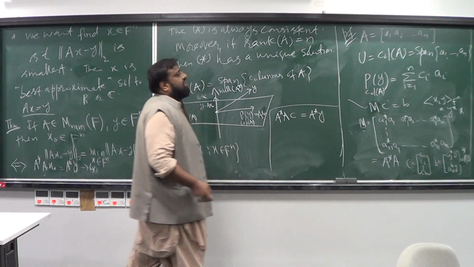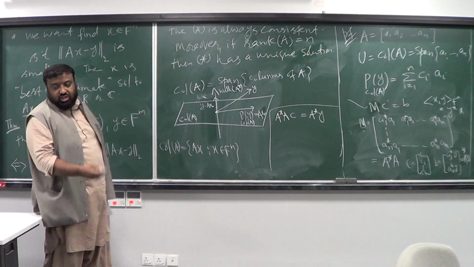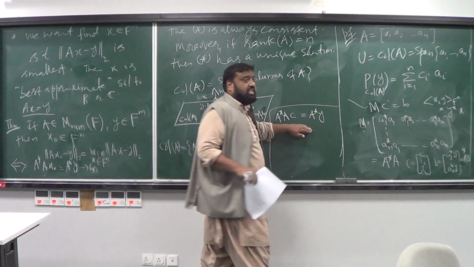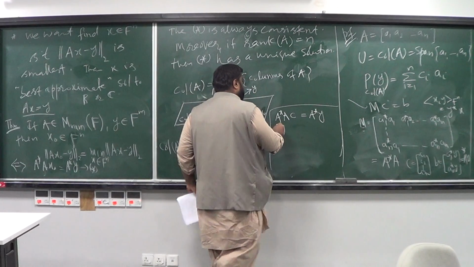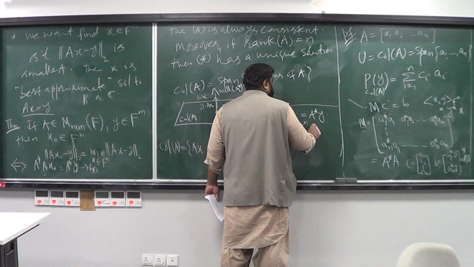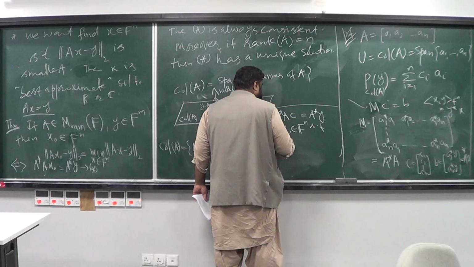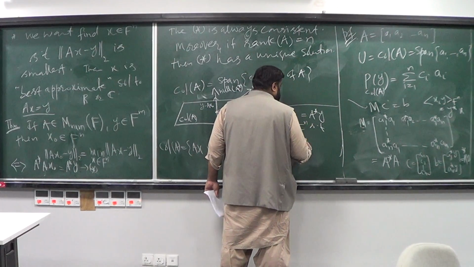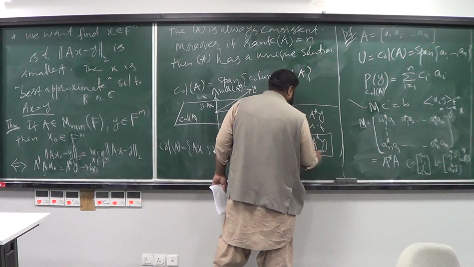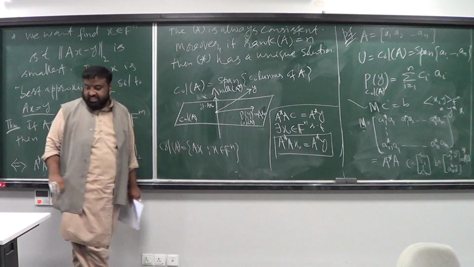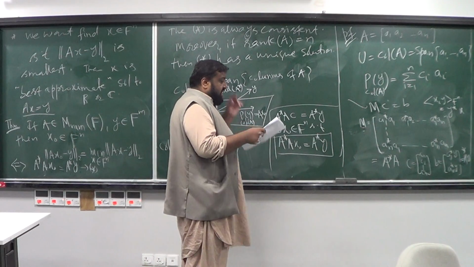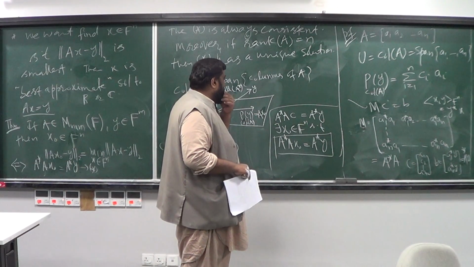Since from the theorem about the normal equation this system is consistent, there must exist an x naught from Fn such that A star A x naught equals A star y. So there is always a solution to this, if you have an orthogonal projection.